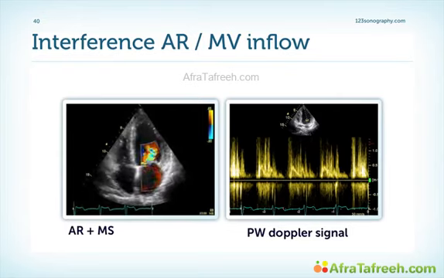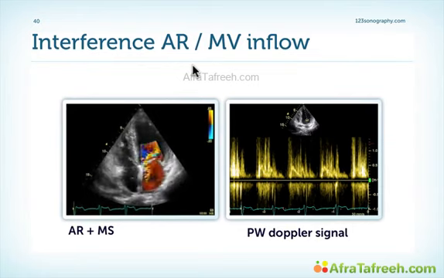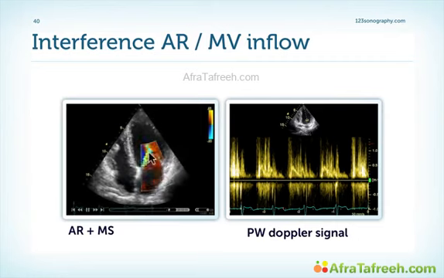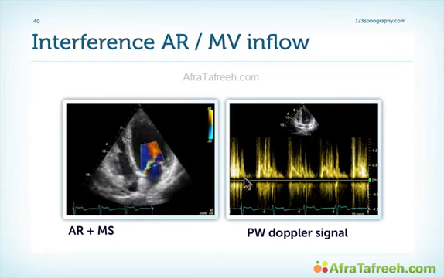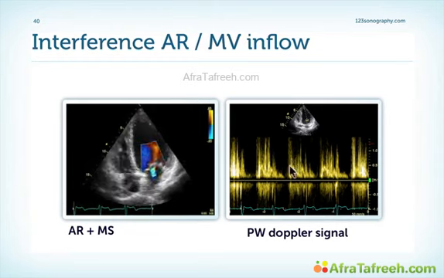Another problem we see fairly often is that we have an interference between the AR signal and the mitral valve inflow signal. You can see here aortic regurgitation, which is eccentric, directed towards the anterior leaflet, and thereby mixes with the mitral inflow signal. Thereby we get a very difficult to interpret signal in the pulsed wave or continuous wave Doppler.